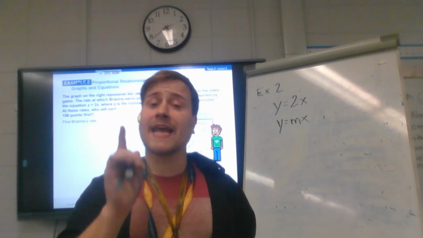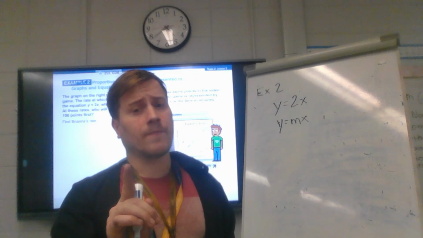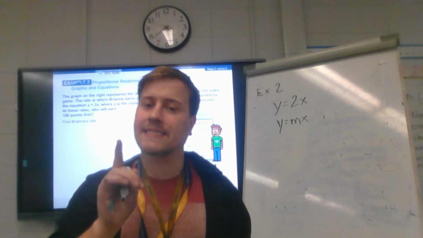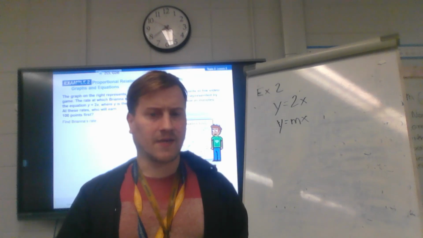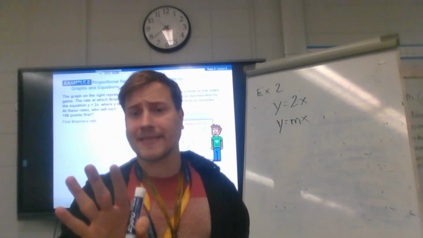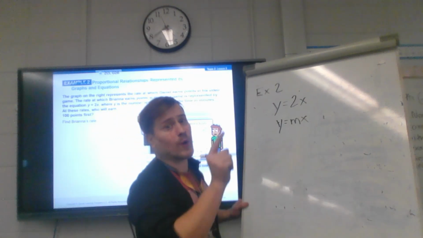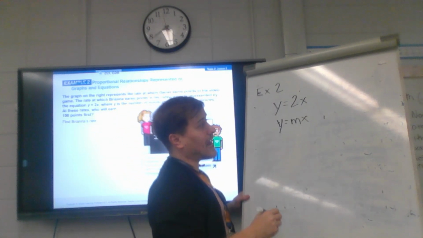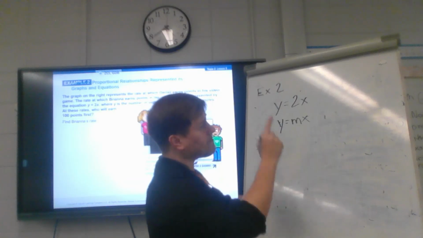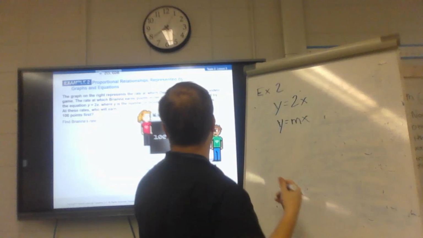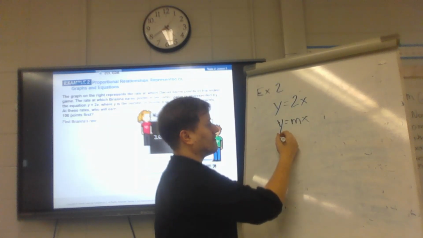And if it's multiplication, you know that letter is the constant of proportionality. Now, if you see a plus or minus instead, this will not be a constant of proportionality, but we'll be talking about that later. Don't worry. All right, so we have y equals mx, where m is the constant of proportionality. So we know automatically that Brianna's rate, the amount she is earning points every minute, is 2.